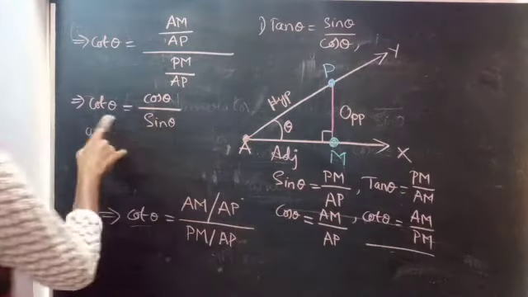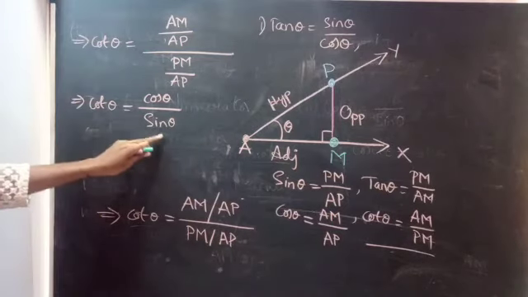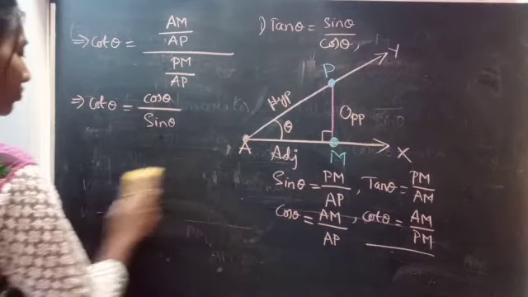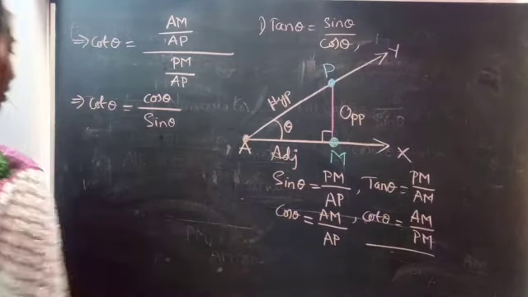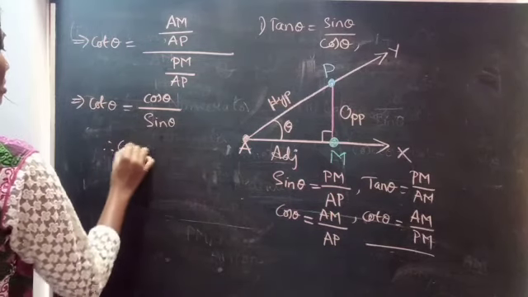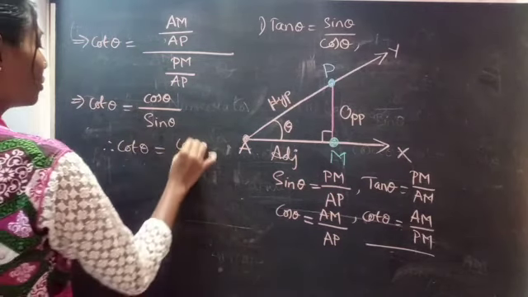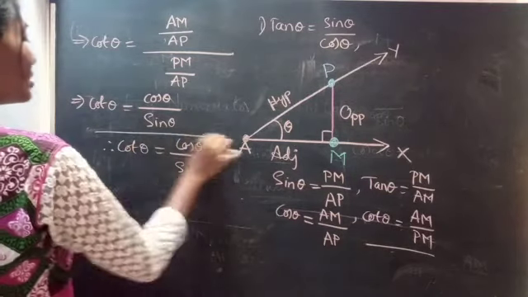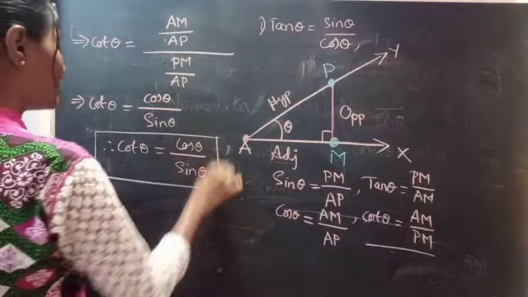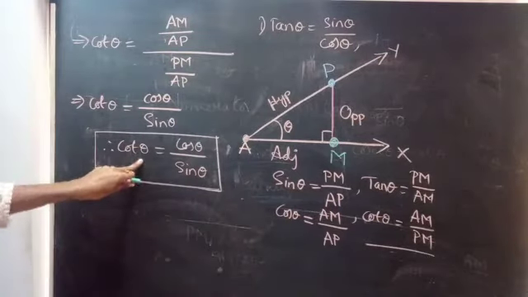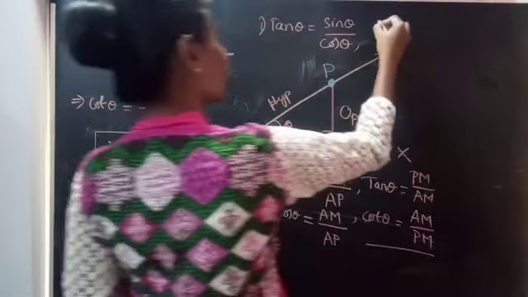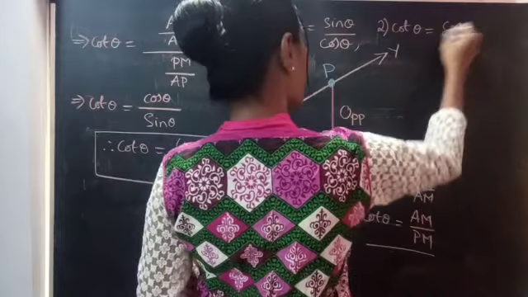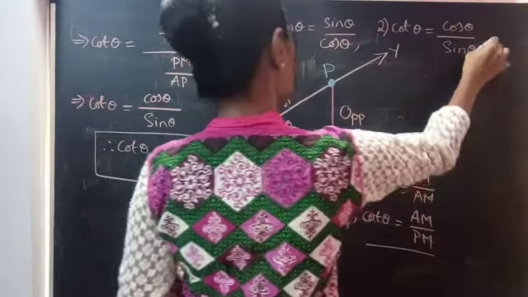So finally you got cot theta equals cos theta by sine theta. So therefore cot theta is equal to cos theta by sin theta. So this is the required one, the desired result. So you have proved cot theta is equal to cos theta by sin theta.